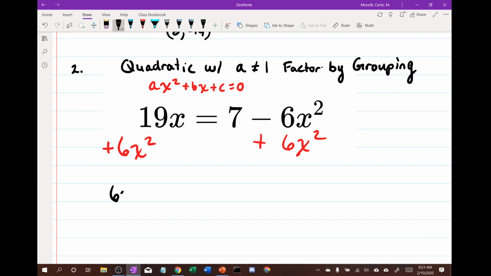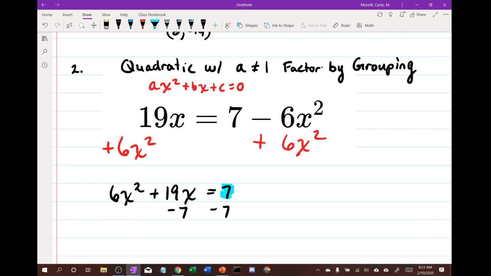And then I'm going to rewrite the equation as 6x squared plus 19x equals 7. But that doesn't look like standard form because 7 is not 0. So I need to move this over to the other side using the subtraction property of equality.